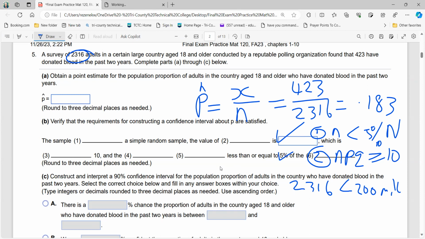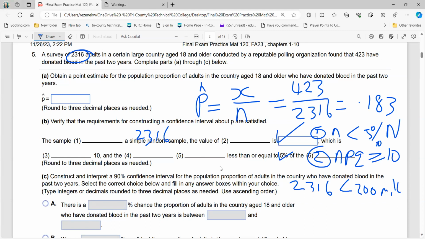Condition number 2 is that the variance must be greater than or equal to 10. So let me calculate the variance of the data. The sample size, n, is 2316.